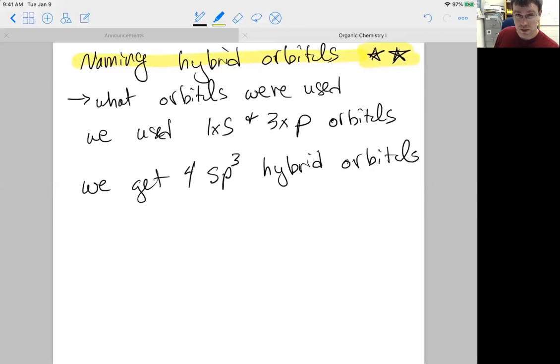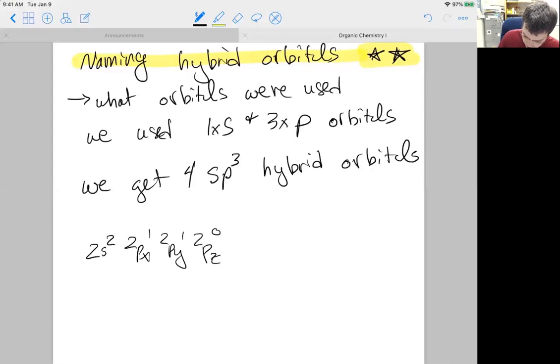However many orbitals you put in, you get that many orbitals out. They're all hybrid orbitals. They're all of equal energy. So if an electron has a choice, it doesn't care which one it goes into. But if one of them is half filled, we're going to keep it that way and move on to the next orbital. What I'm saying is that we put into our system a 2s2, 2px1, 2py1, 2pz0 atom.